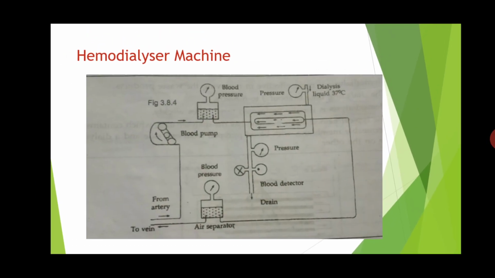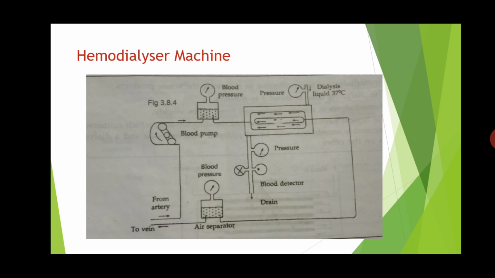In this hemodialyzer machine, which removes waste products from the blood and restores the normal pH value of the blood, if dialysis is used for a short term, then a double lumen catheter is inserted into the femoral vein.